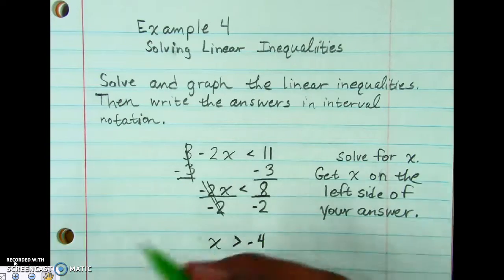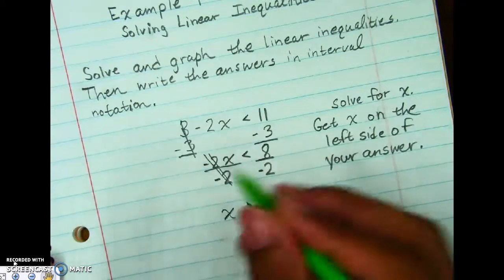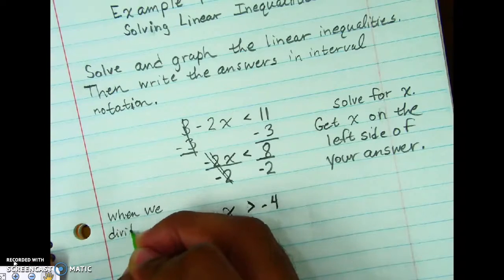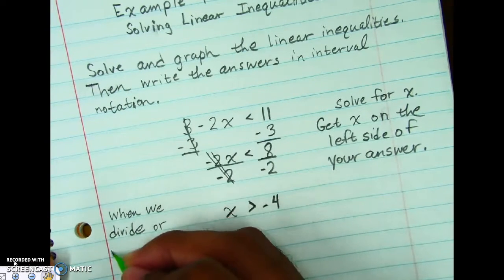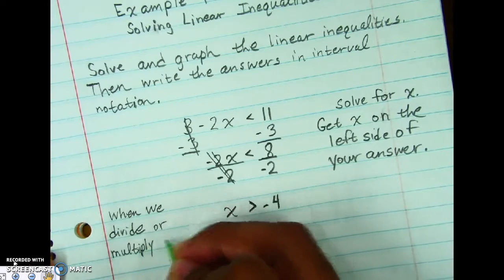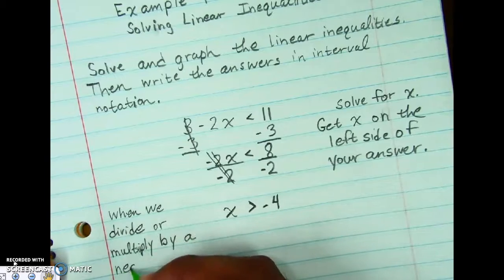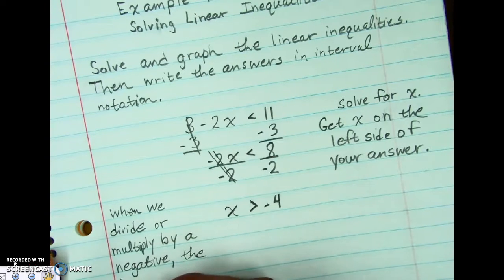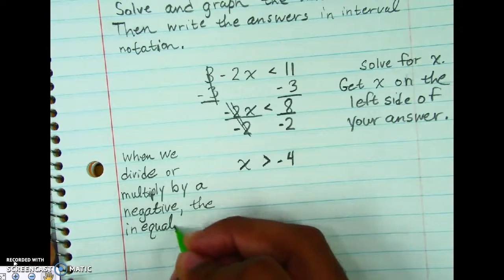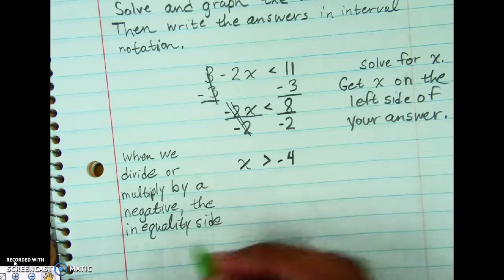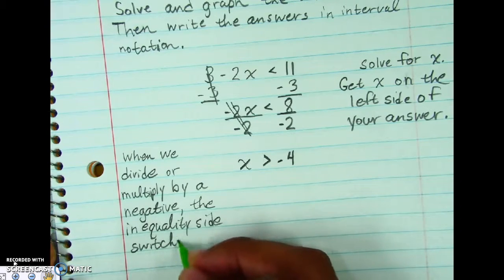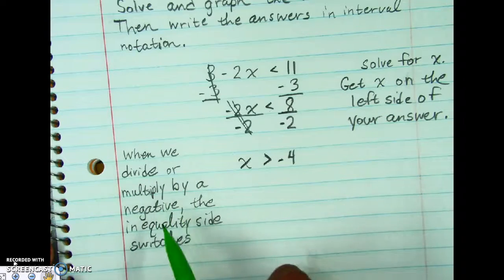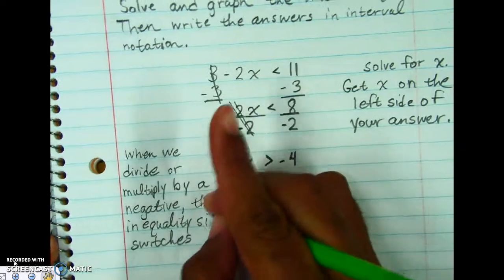Oh yeah. And again, as a side note, so we don't forget this part: when we divide or multiply by a negative, the inequality sign switches, just like we did right there.